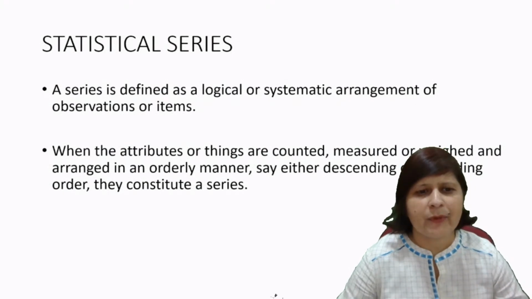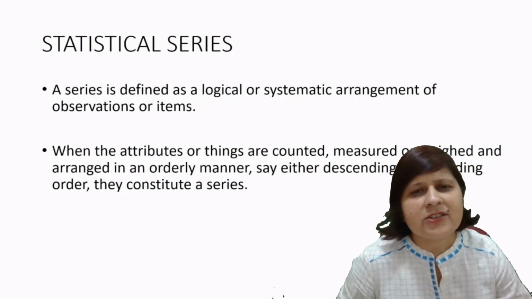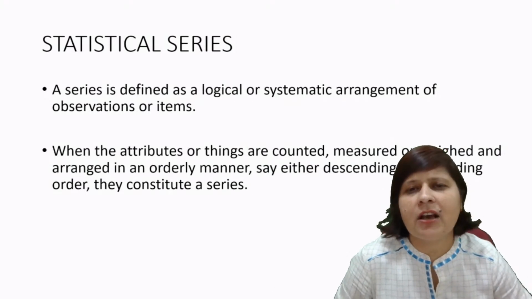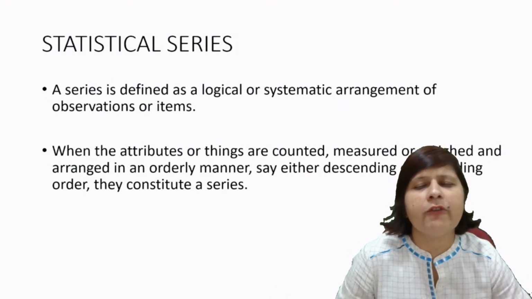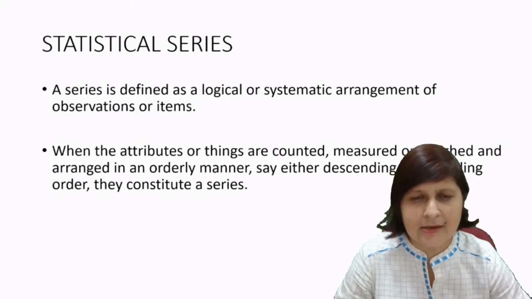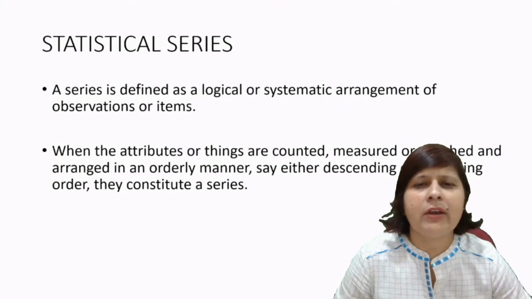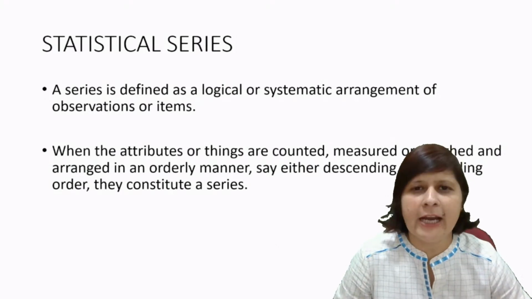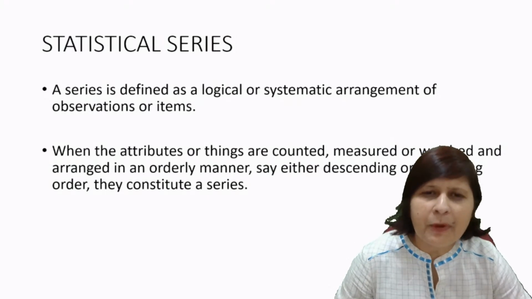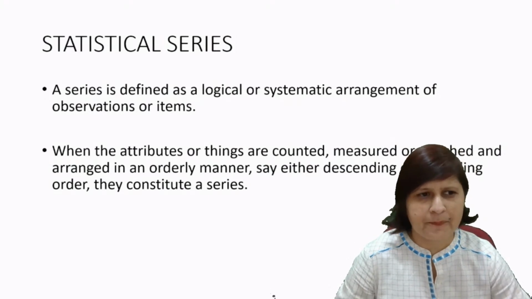Statistical series. What is a statistical series? A series is defined as a logical or systematic arrangement of observations or items. It is very important you understand all these things, because then only you can arrange or code your data, and once your coding is correct, then only you can apply the test and get the results, right?